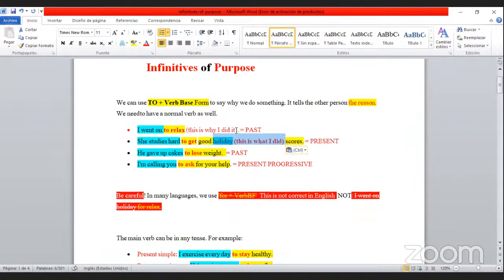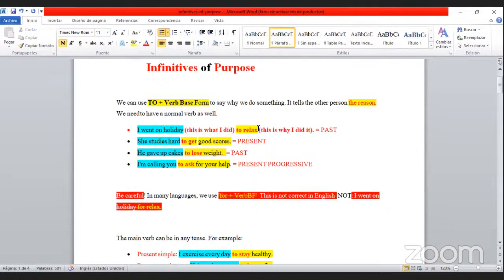In order to express the reason, after the thing that I did, I will put the reason with the infinitive, that is to plus the verb in base form, to relax, right? So this is to relax. It is why I did this, okay? This is the thing that I did, and this is why I did it.